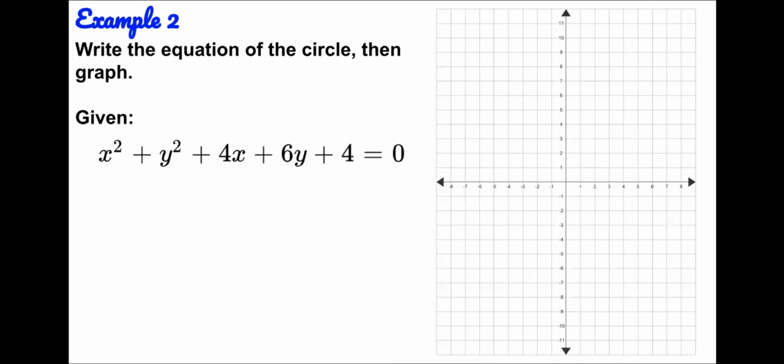I have x squared and 4x. So I'm grouping it together. And I have y to the power of 2 and 6y. And I'm going to eliminate that 4, right?